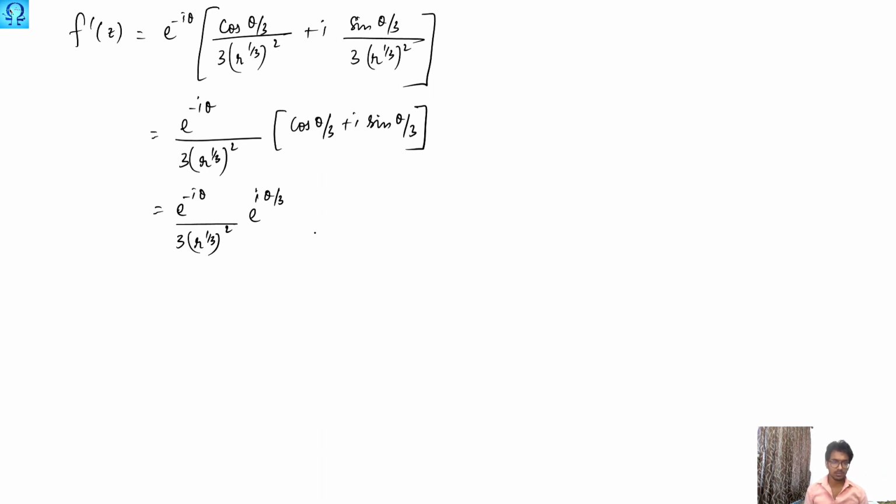Okay, so this is what we have. So when you combine these two things, you are going to have e to the power iota 2 theta upon 3 r to the power 1 upon 3 whole squared.